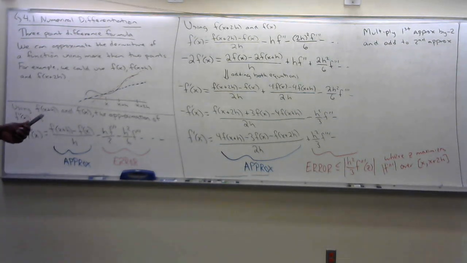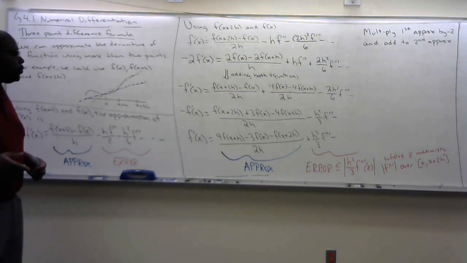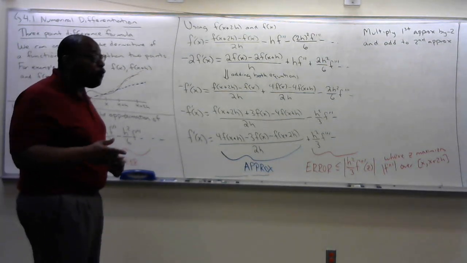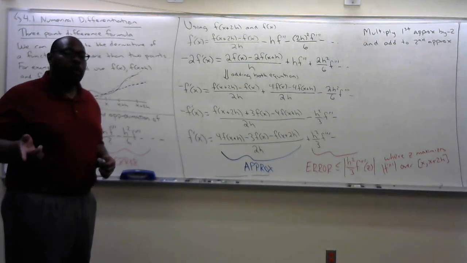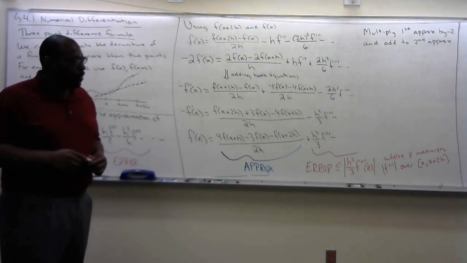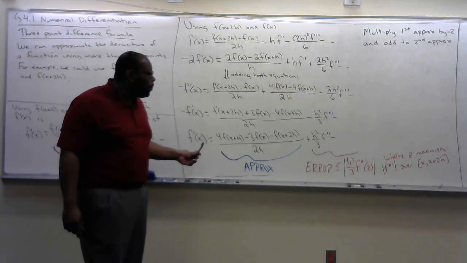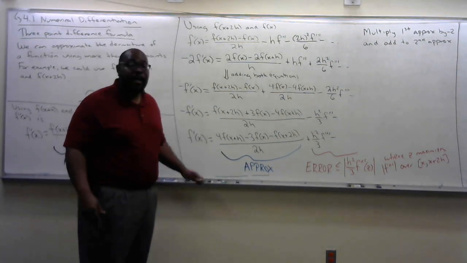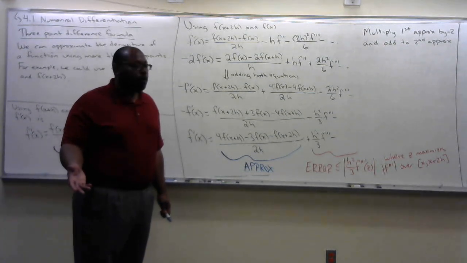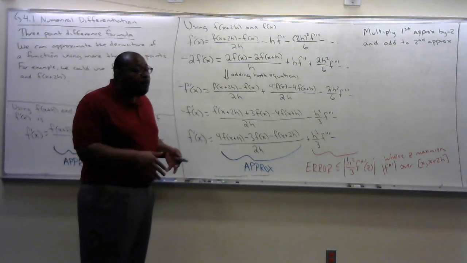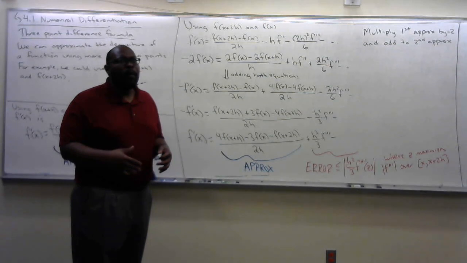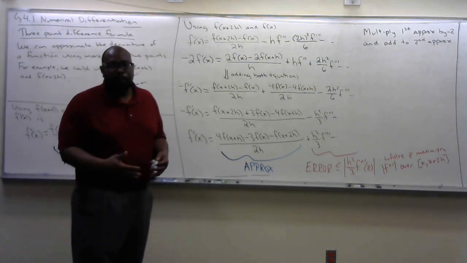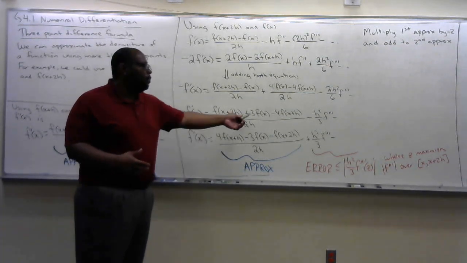When we did this, we found that the error for the midpoint formula is actually smaller, I think h squared over 6 f triple prime at z. So this is not as good an approximation as the midpoint difference formula was. The midpoint difference formula is actually a 3-point formula. You just don't see that f of x term because it cancels out in the middle.